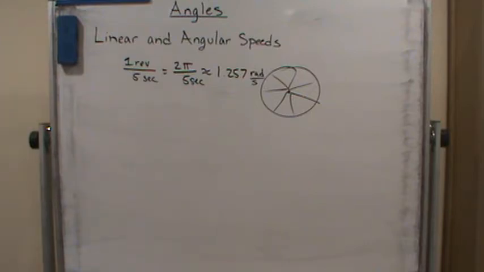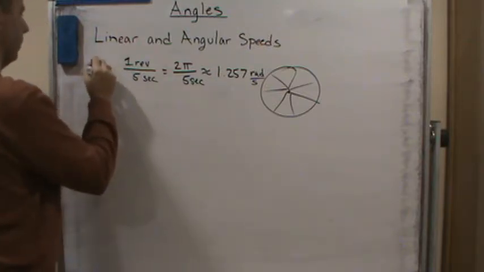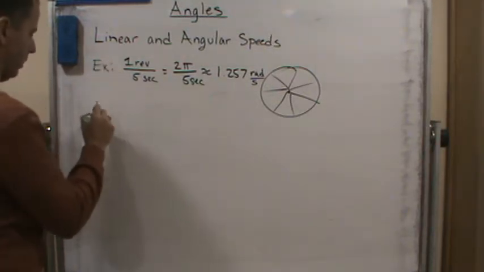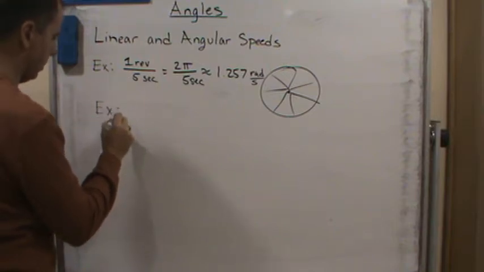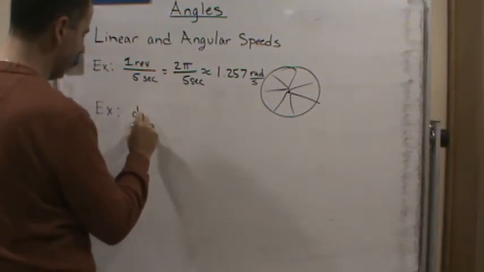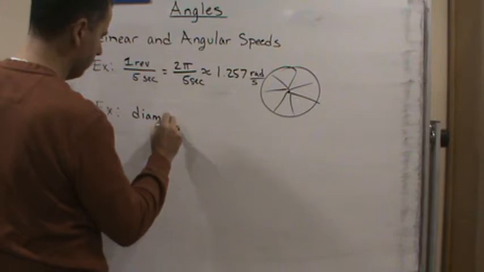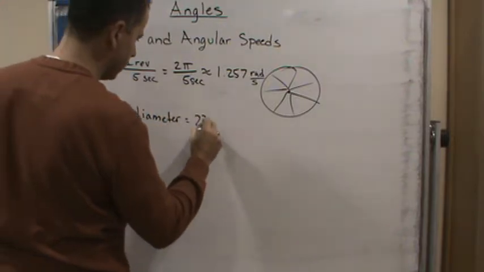Okay, let's do another one. Now in this one it says a bicycle has wheels 20 inches in diameter. So diameter is 20 inches.